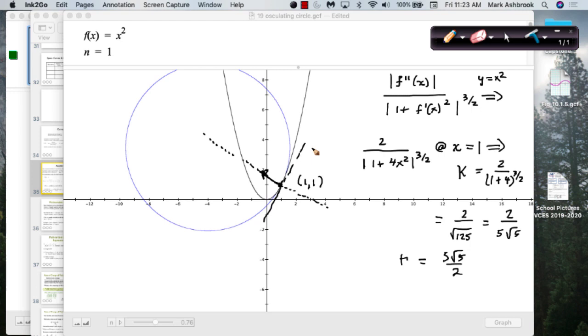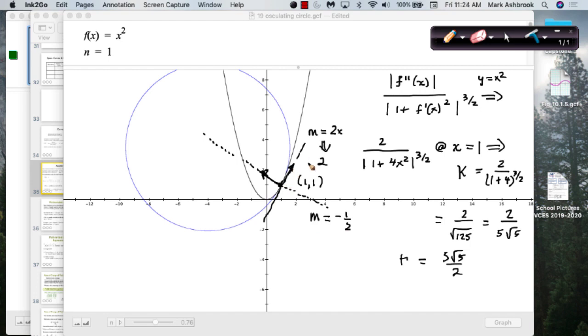So what is that? The slope is 2x, and then you plug in 1 for x, so 2. And then the inverse would be -1/2. Therefore, the slope of this one is -1/2. Or what else could we draw here that we've learned? The unit tangent.